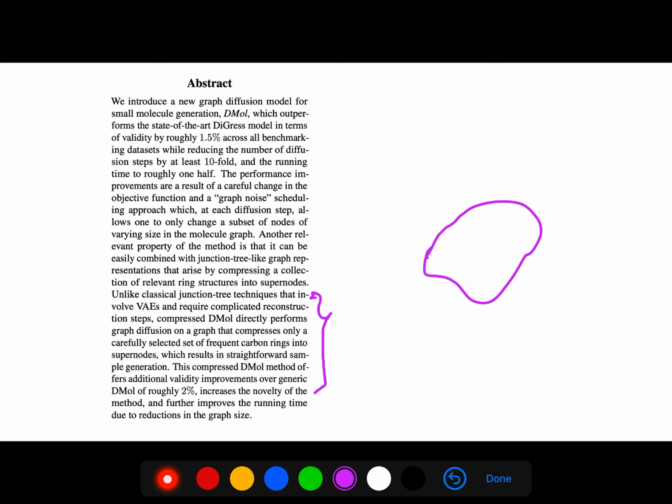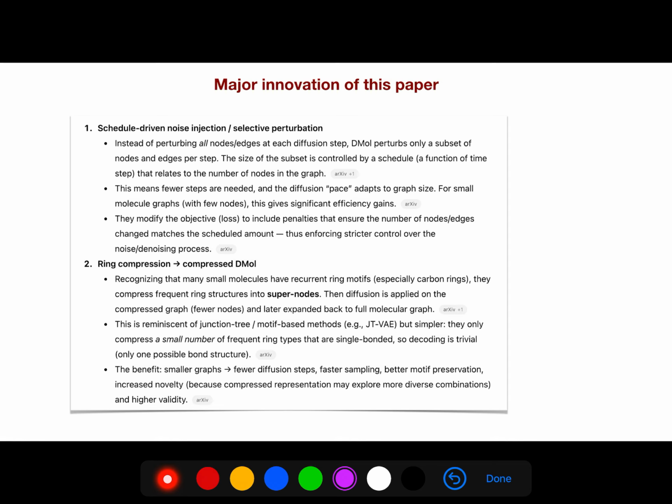Because graph size is reduced, you also have improvement in the running time. So I say there are two major innovations in this paper. First, instead of perturbing all nodes, we only perturb a subset. So it means fewer steps are needed.